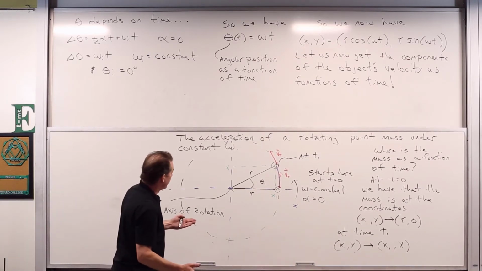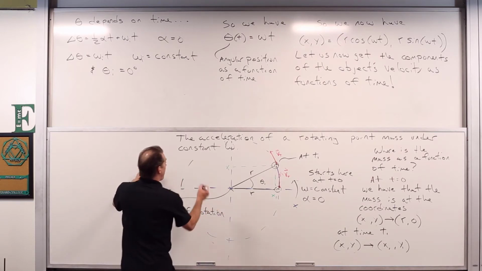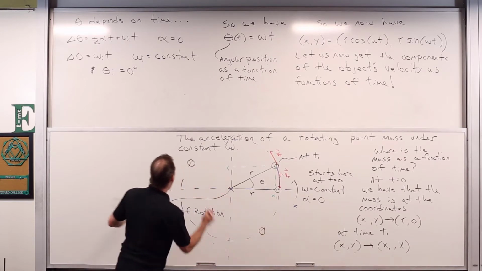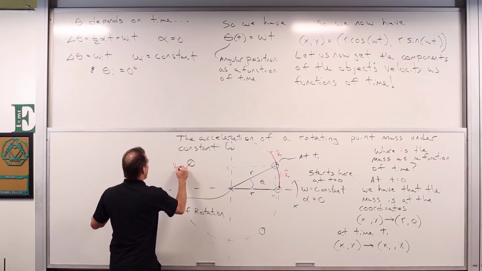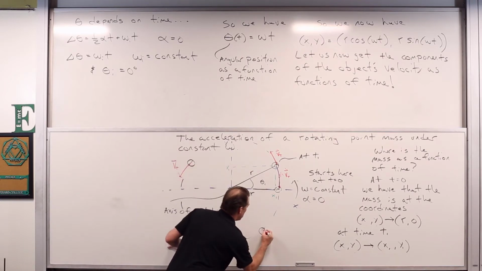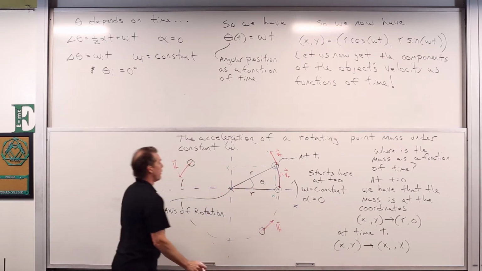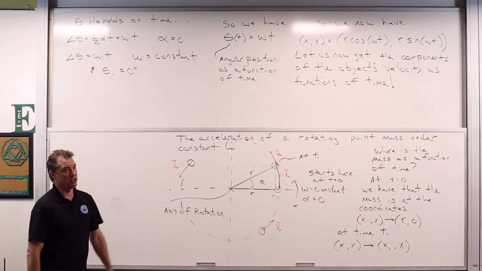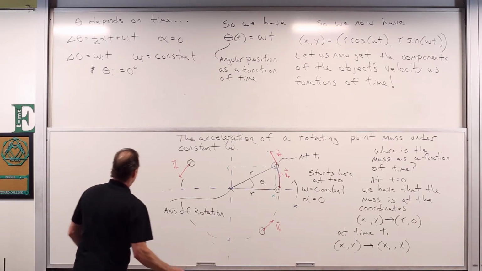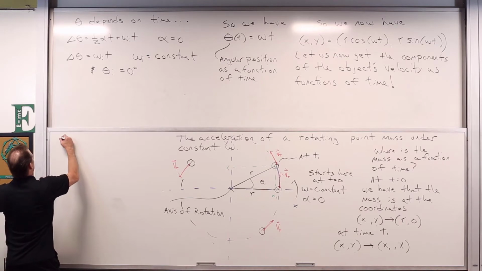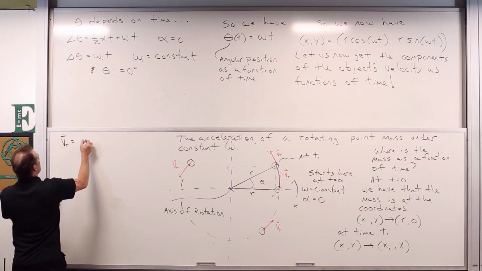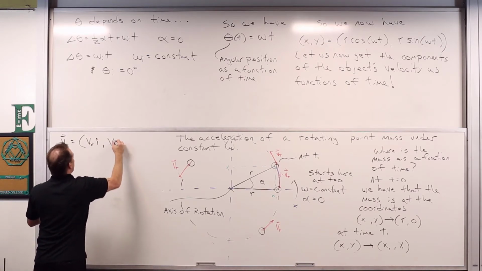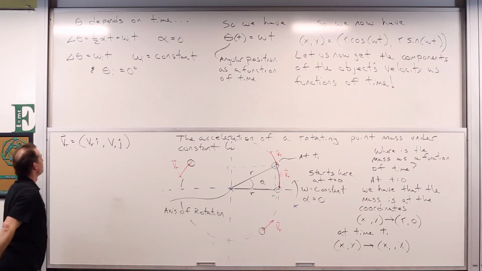Okay, so this is what we ultimately know: this object is going to occupy different locations in space at different moments in time, and will have some sort of tangential velocity at those moments in time. We want to be able to figure out what that tangential velocity is. We should be able to note that v sub t hat can be written in terms of v sub x i hat, comma, v sub y j hat.